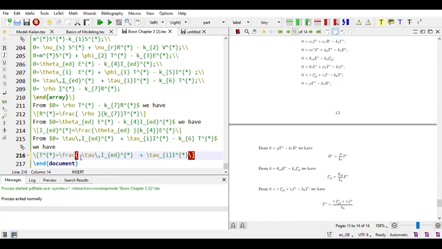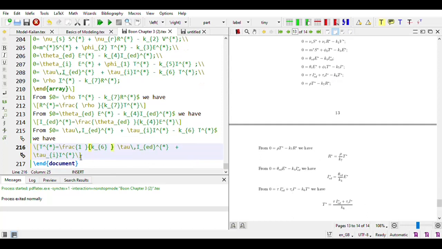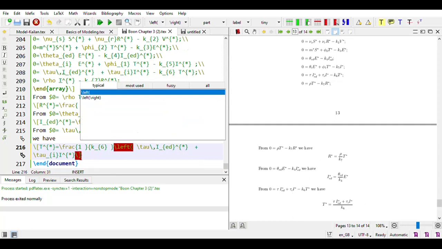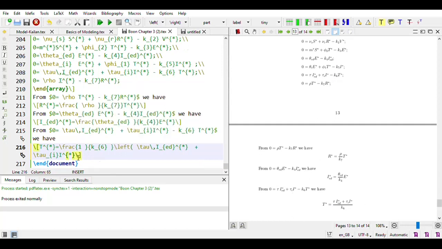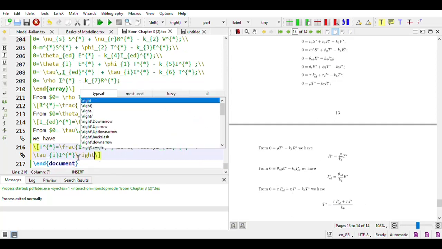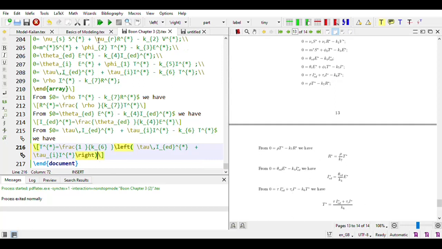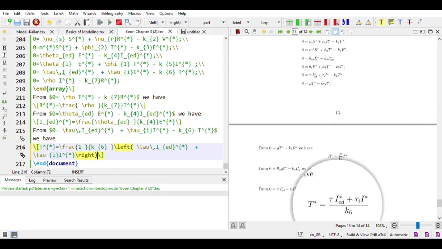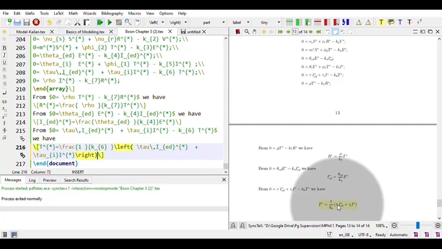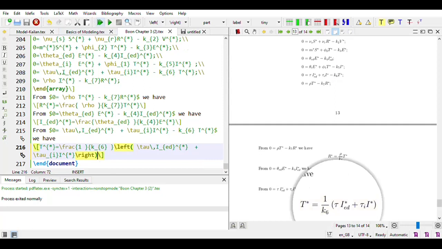Then I'm going to have 1 over k6 multiplying tau, t. So I have this tau_ID, right? So I'm going to rewrite it in this manner, so that I can later on substitute that.